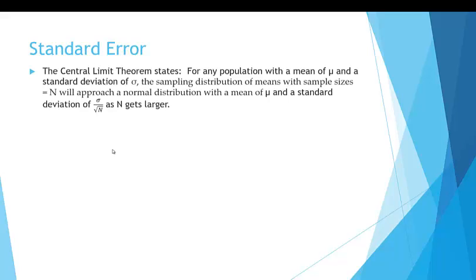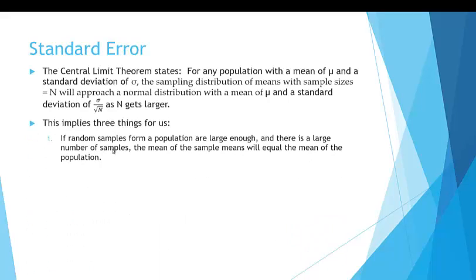Okay, there are three tenets here that are important. Number one, if our random samples from the population are large enough, and there is a large enough number of samples, the mean of the sample means will equal the mean of the population. So you saw that when I had one sample and my mean was 5.5, it didn't equal the population.